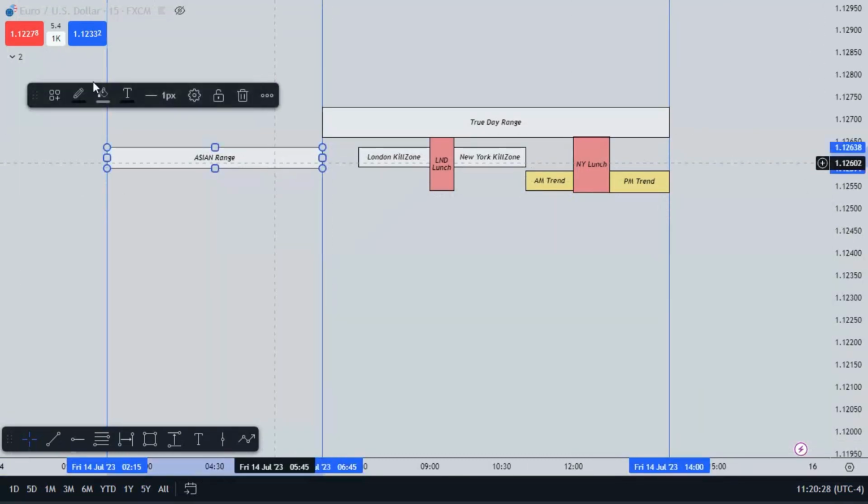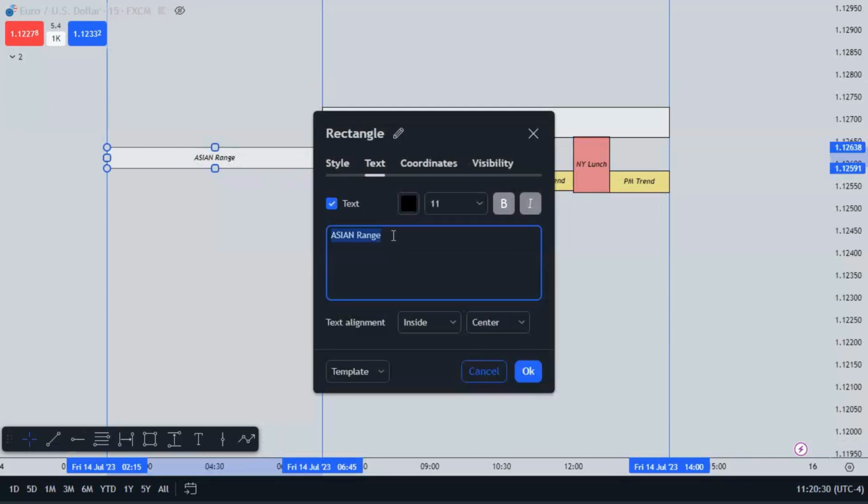So the Asian range, or the Asian kill zone, is from 8 p.m. to midnight New York time, right?